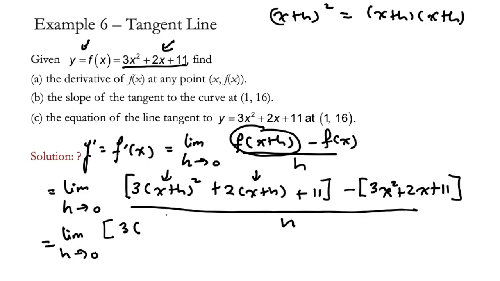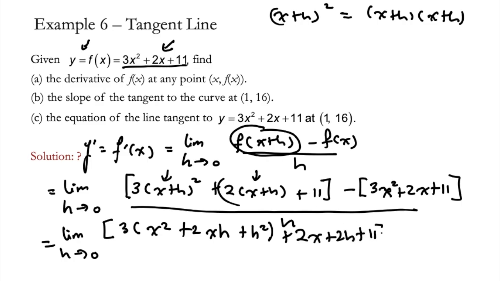So here (x plus h) times (x plus h) becomes x squared plus 2xh plus h squared, close the bracket, and then plus this. When you expand, it becomes 2x plus 2h and then plus 11.